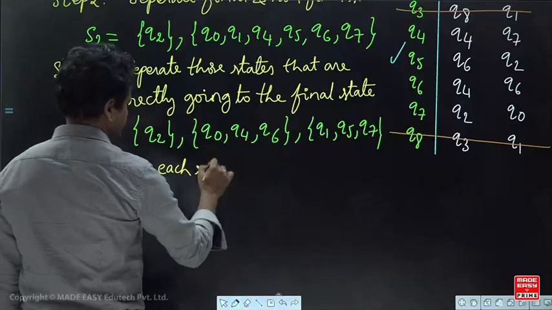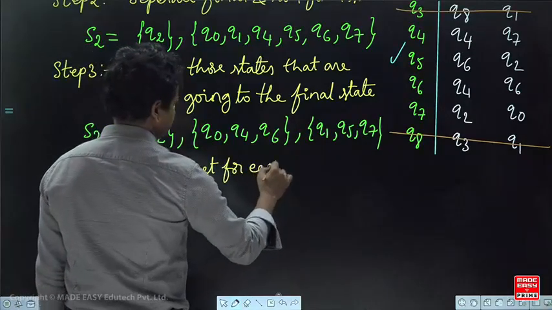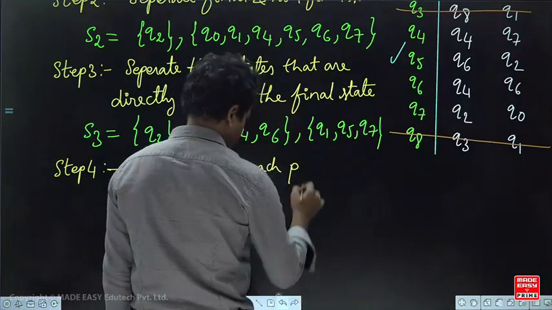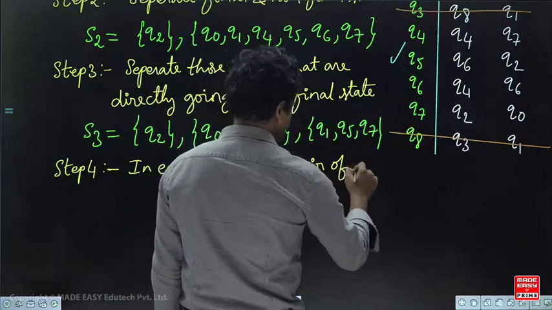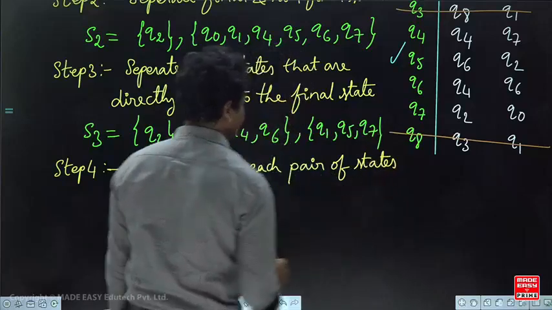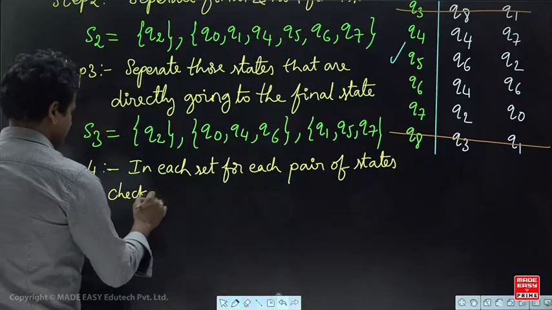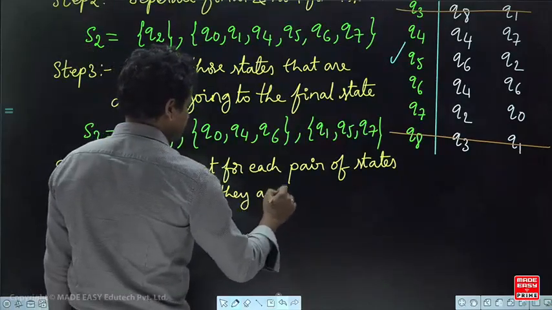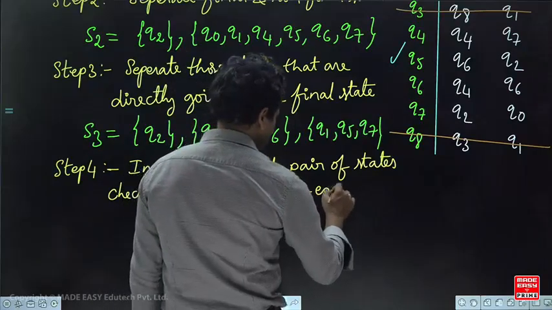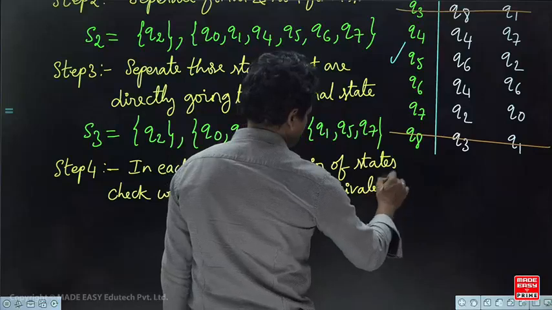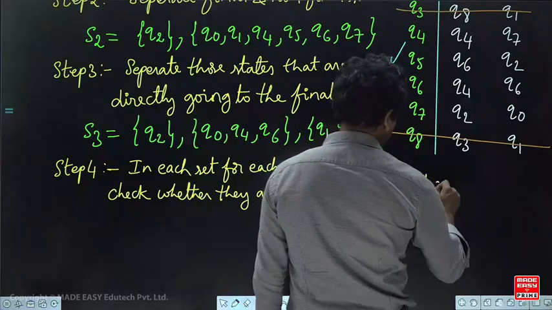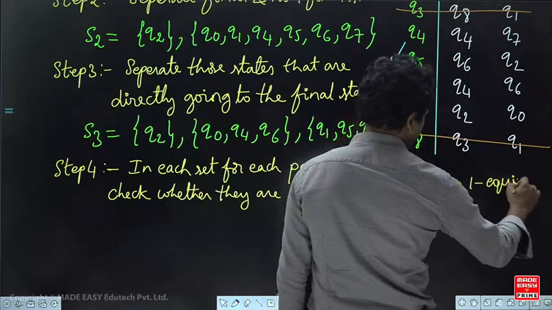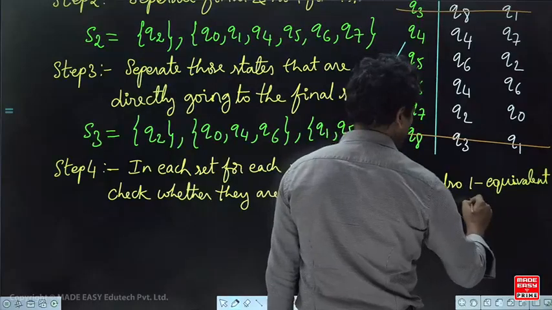In each set, for each pair of states, check whether they are zero equivalent and also one equivalent or not.